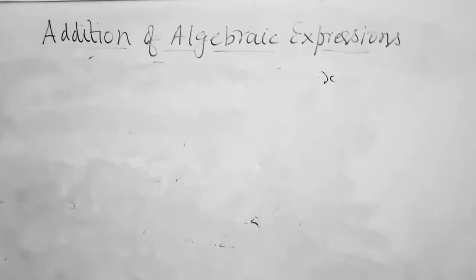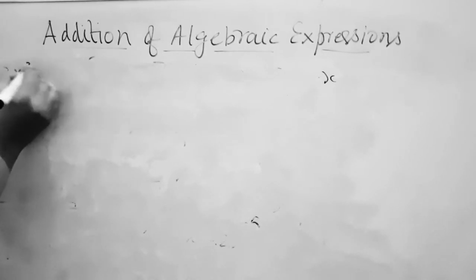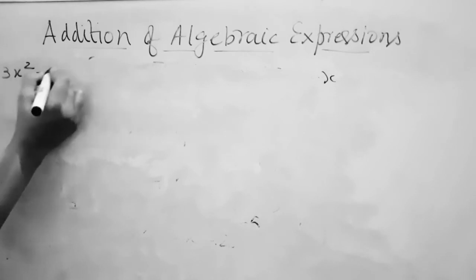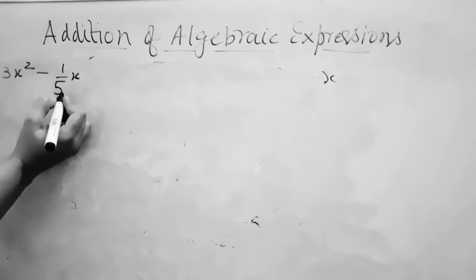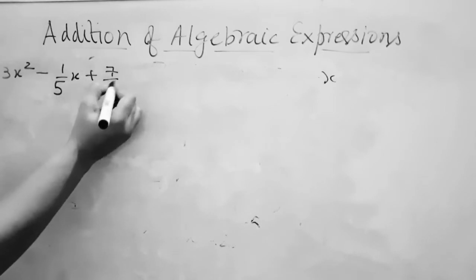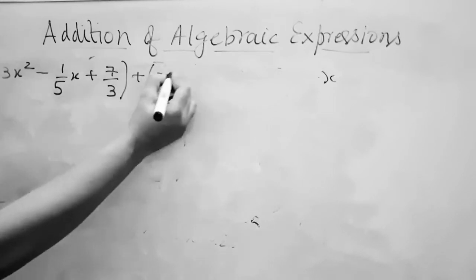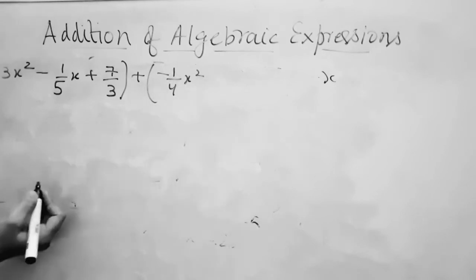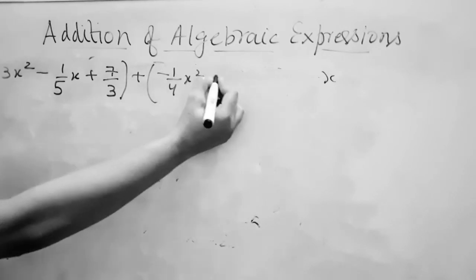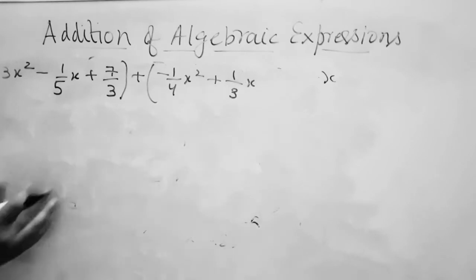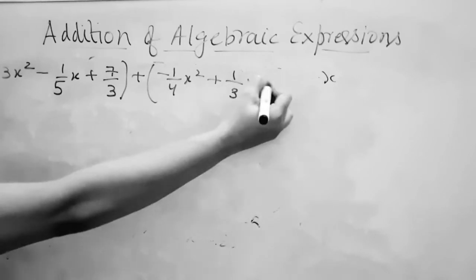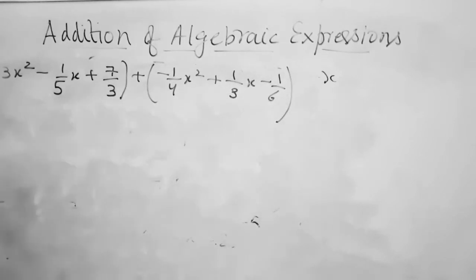So students, the next example is add 3x square. Let me write it for you first of all. 3x square minus 1 upon 5x plus 7 upon 3 bracket closed plus minus 1 by 4x square plus 1 upon 3x minus 1 upon 6 bracket closed.